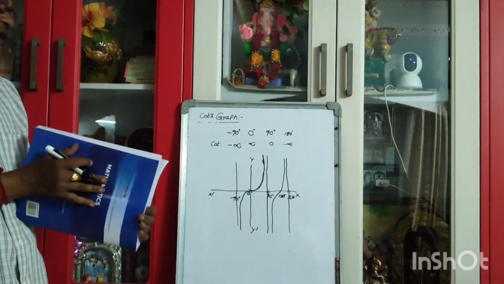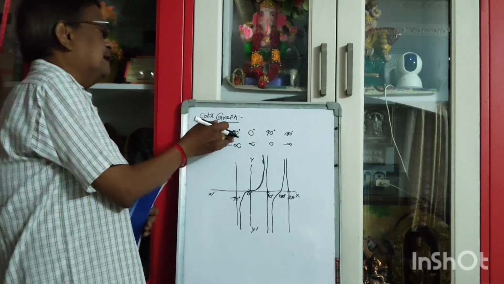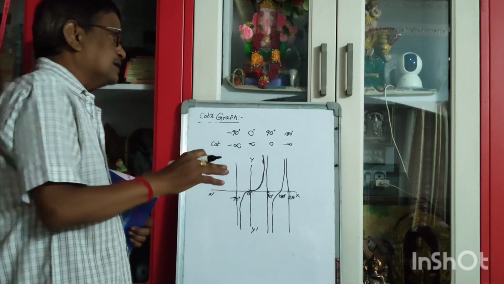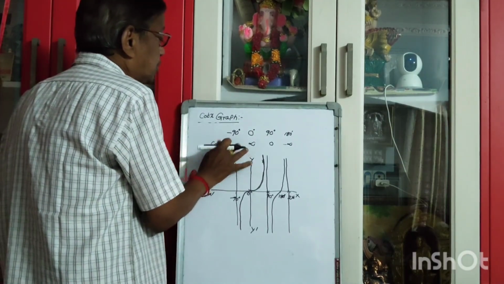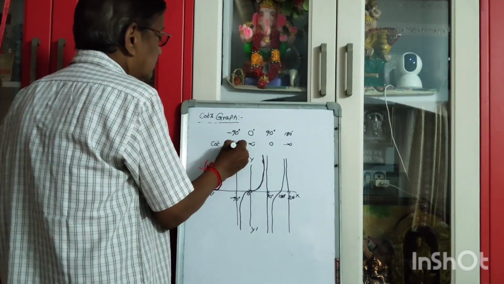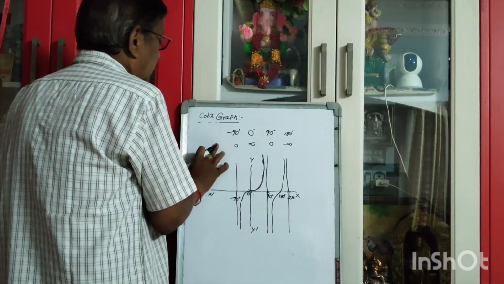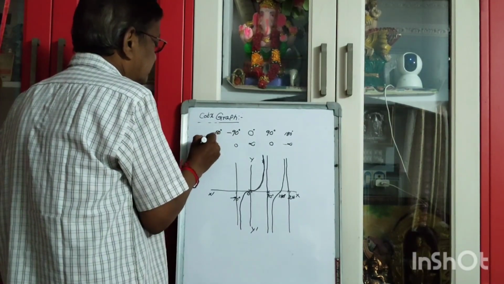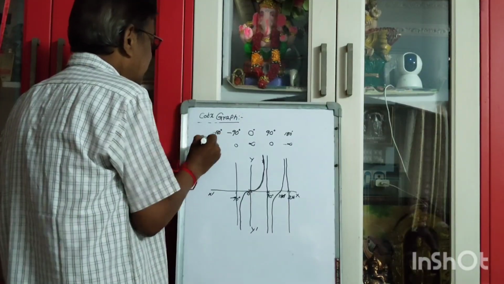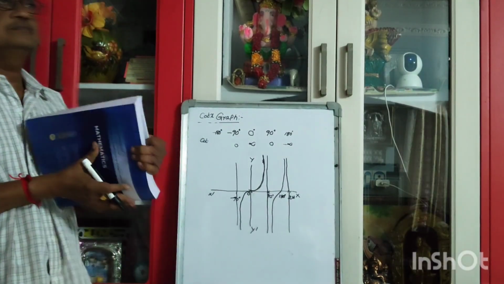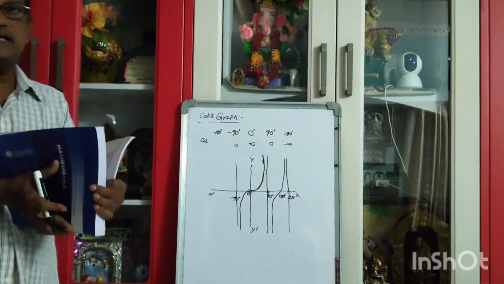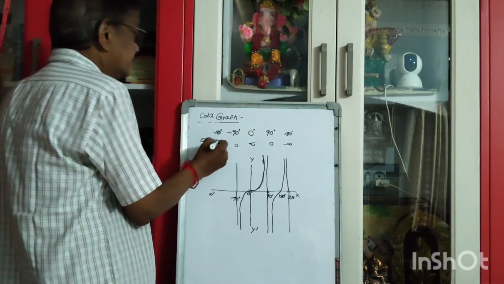In the same model, cot minus 90 is minus cot 90, it is also 0. Cot minus 180 is minus cot 180, that is minus into minus plus infinity.